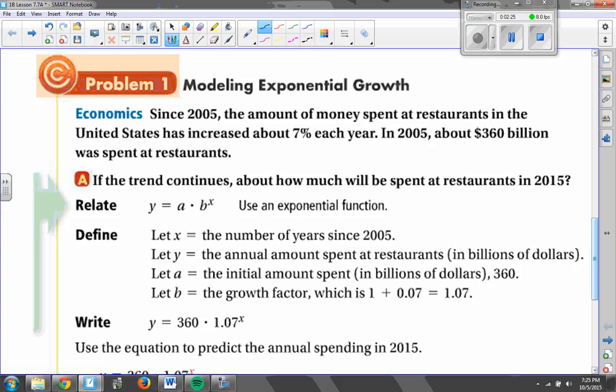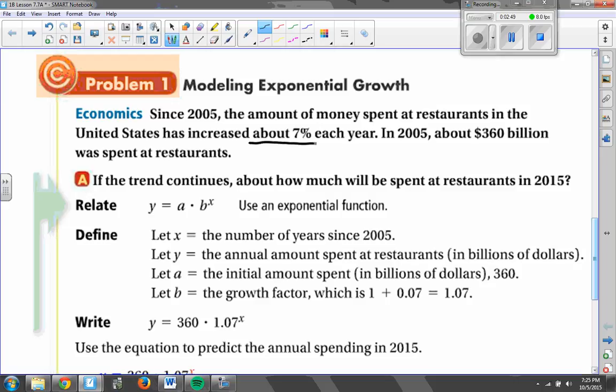Okay? Now, here's an economics problem, and we're going to go through this problem step by step, and then I'll have one for you to do as well. Now, the problem says, since 2005, the amount of money spent at restaurants in the United States has increased about 7% each year.